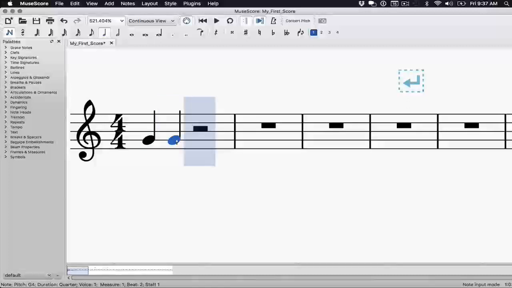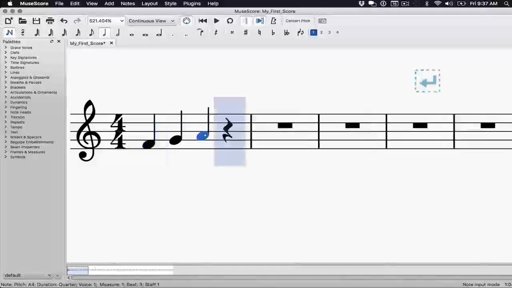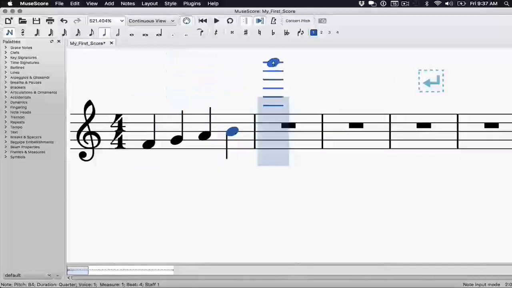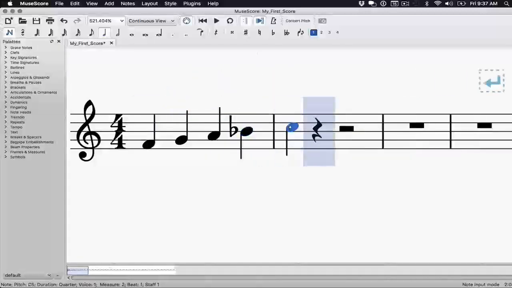So let's put a G there. And what's this one going to be? This one is going to be F natural. So now what we need to do is make an F major scale. So let's go up, not forgetting the key signature of F, which has a B flat in it.